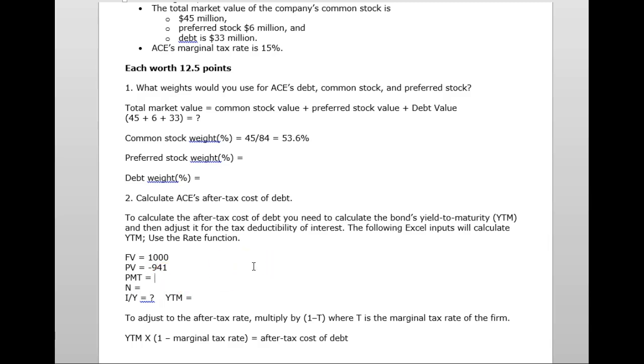What are they talking about in payment? Well, that's the interest payment. And you're going to pay 7% on that $1,000. That's going to be the coupon. So that payment is going to be 70. And the number of periods, now remember, we're only doing this annually. It's not semi-annually. So we've got 9 periods. This is what you have to set up to get the yield to maturity.